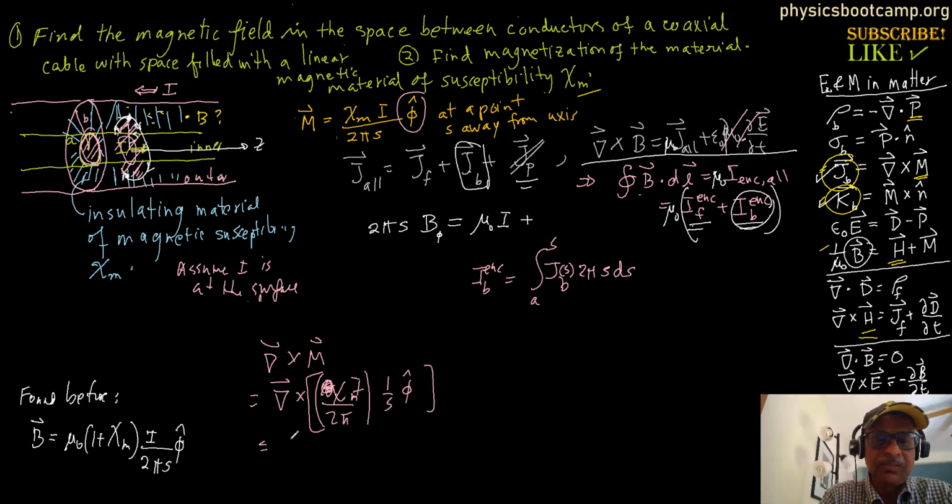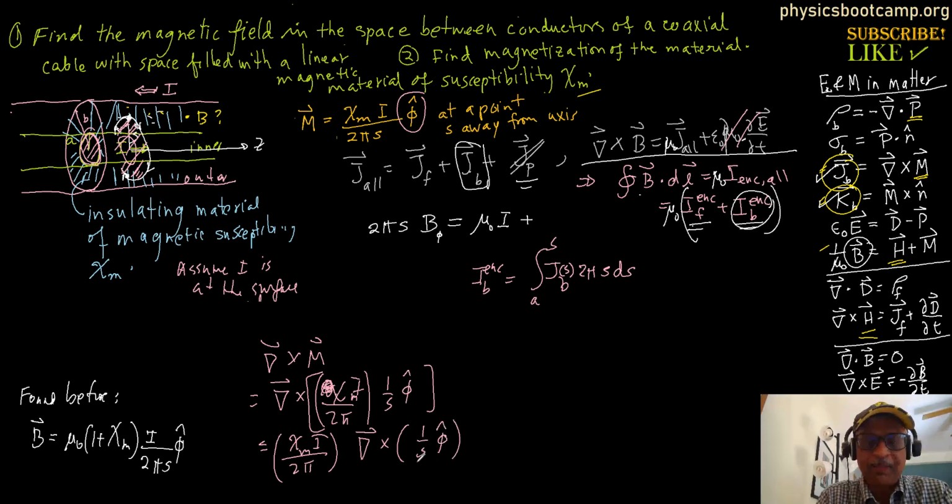So this is chi m I over 2 pi del cross 1 over S phi hat. This is a vector whose phi component is 1 over S. So when you do the del cross of this, it will turn out to be 0.